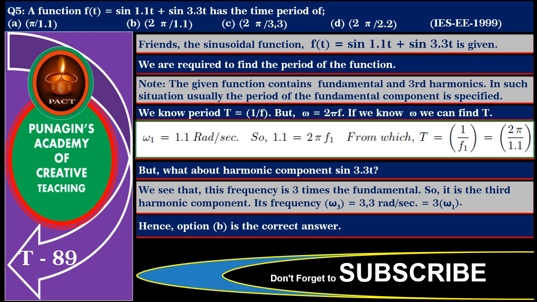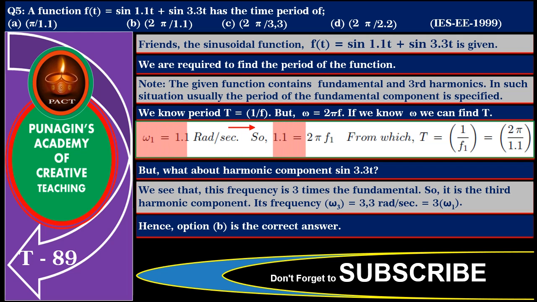We know that T is equal to 1 divided by f, but omega is equal to 2 pi f. So, if we know omega, we can find T. From the given function, we find that omega 1 is equal to 1.1 radians per second.